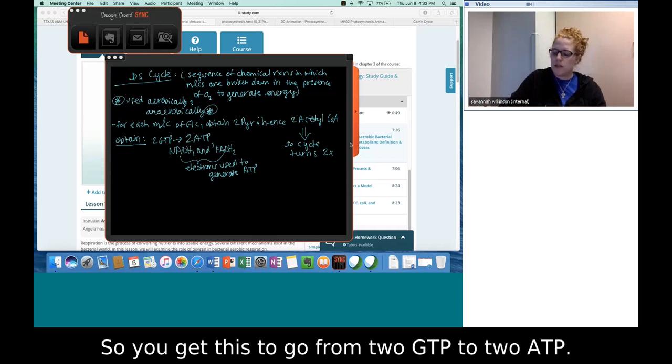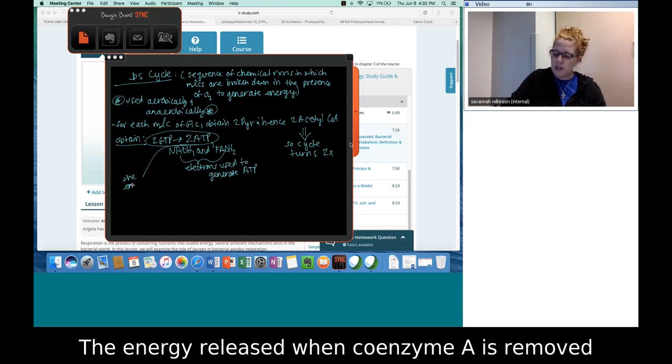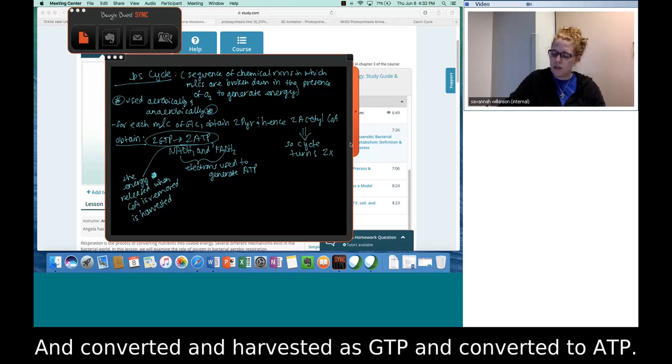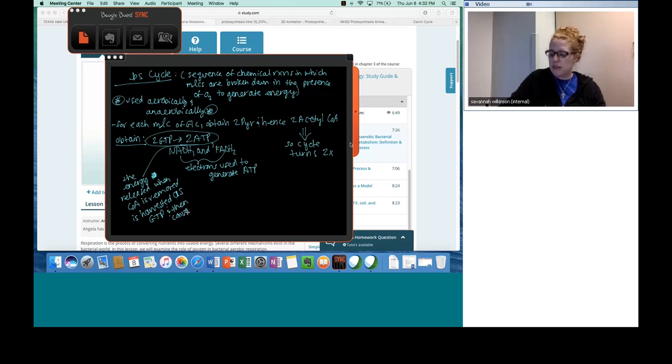So you get this to go from 2 GTP to 2 ATP. The energy released when coenzyme A is removed is harvested as GTP and then converted to ATP.